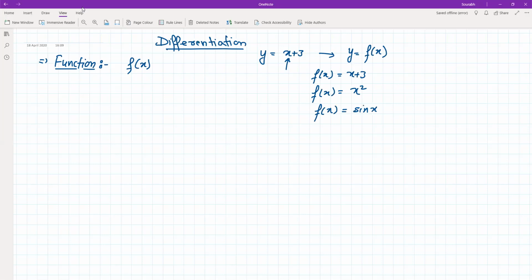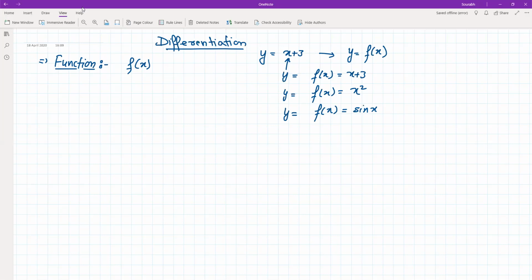So all these are different functions, represented by f of x. And f is not compulsory. It can be g, it's up to us. What we want to show here is that y depends on x, or y changes with x.